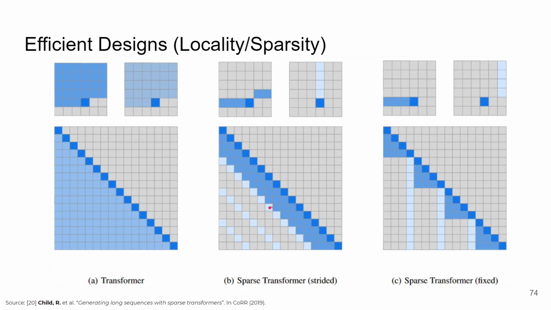I'm looking first at a local set of elements, which is only when this is the query. And I'm also allowing the model to look at distant positions, but sparsely. So I'm not attending to this tree, I'm only attending to this one. And by doing the two operations one after the other, as we'll see in a bit in the composition, we're going to achieve an approximation of the full attention.